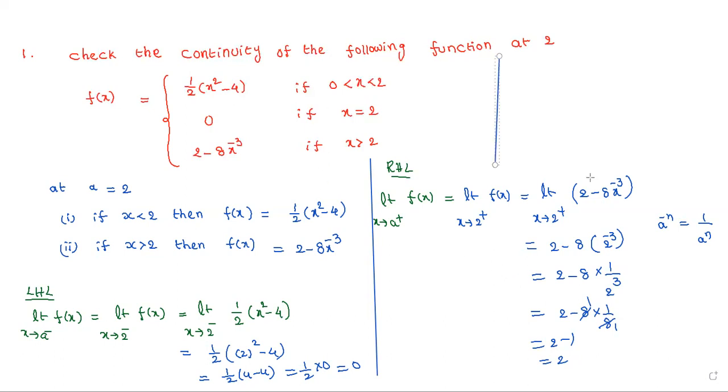The last line. Left hand limit is not equal to right hand limit, so the limit does not exist. Limit as x tends to 2 of f of x does not exist.